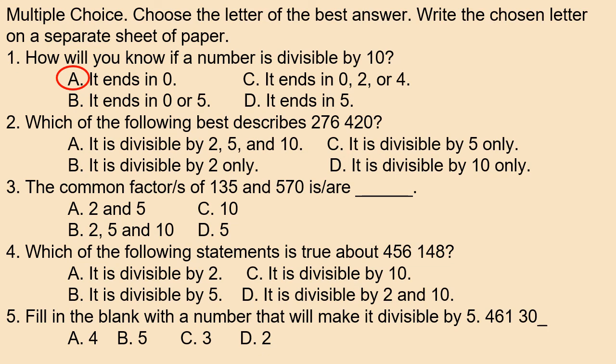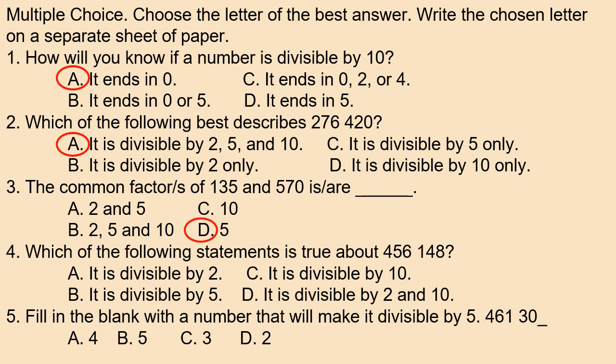Okay, so the correct answer is letter A because our number ends in 0. Number 3. The common factors of 135 and 570 is or are blank. A, B, C, or D? The correct answer is letter D.